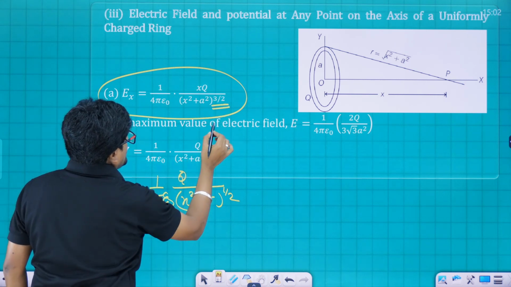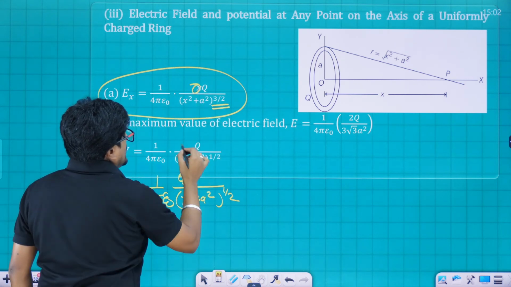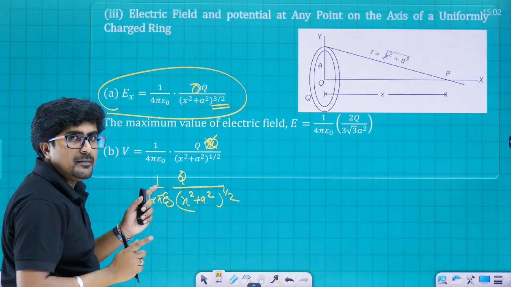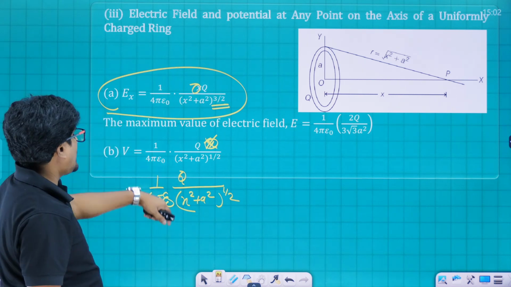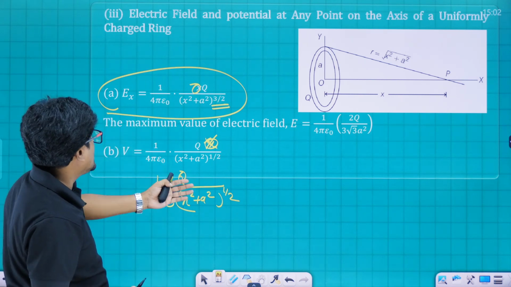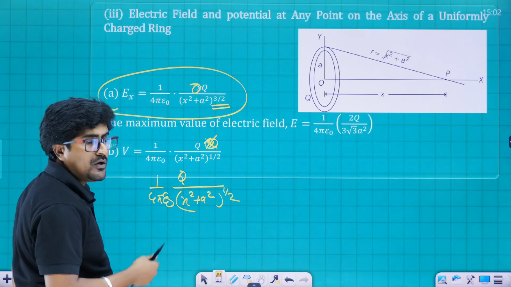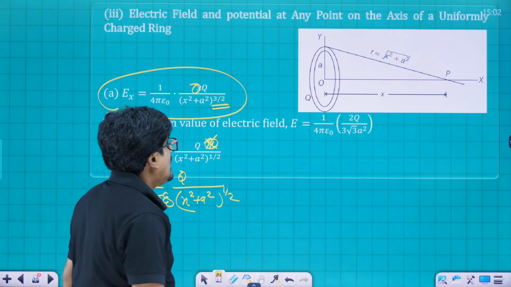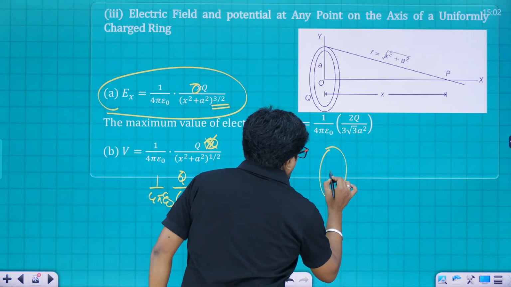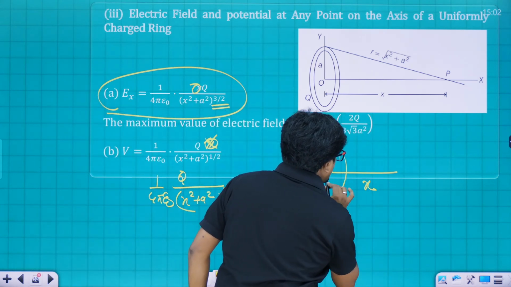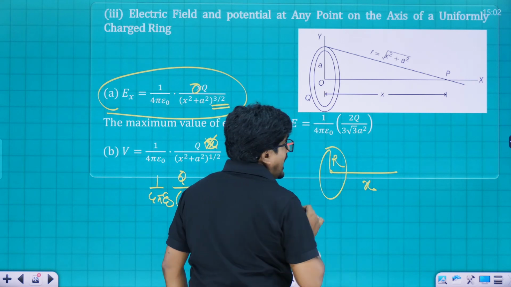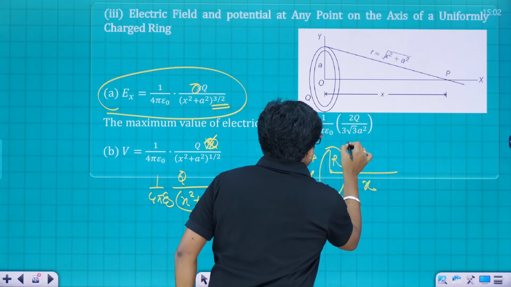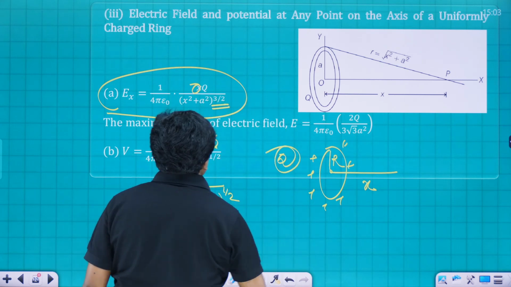There it was 3 by 2, and there the q term was there, here the q term is not at all there. That's the difference. You must be able to correlate each other. That's why I separately considered both the terms E as well as V in the same slide. This is at a distance of x from the center, and capital R is the radius, and the total charge distribution over here is considered as Q.